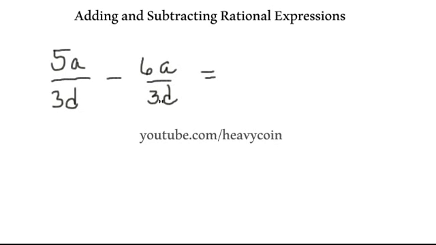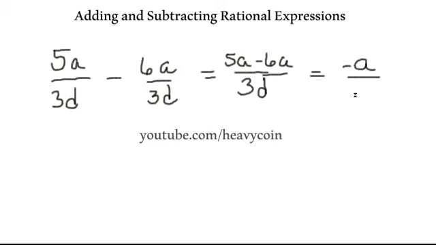So we have a common denominator, so we can write that, and we'll have 5a minus 6a. And of course 5a minus 6a is just negative a in the numerator over 3d. But then we can take this negative and bring it out front. It's always the proper thing to do.